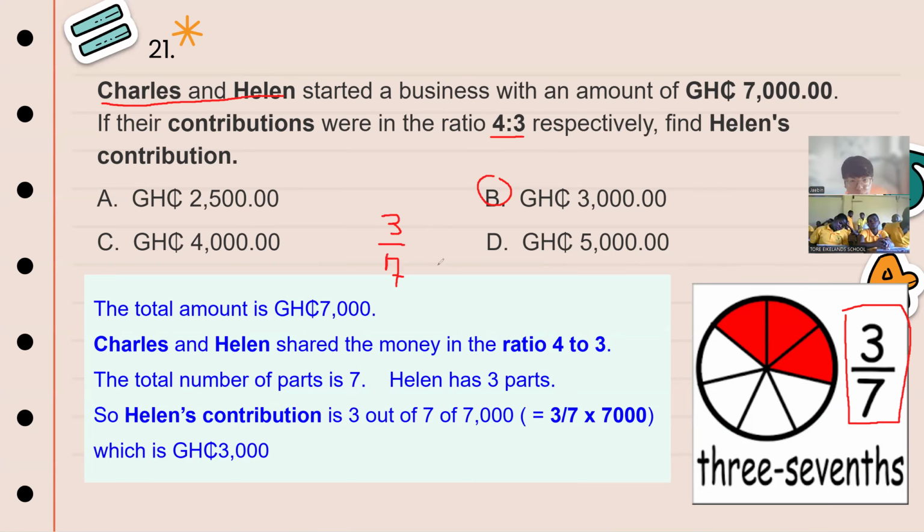Helen's portion is 3 out of 7. And if we want to find the amount of money, we multiply that by 7,000. And this should equal 3,000.